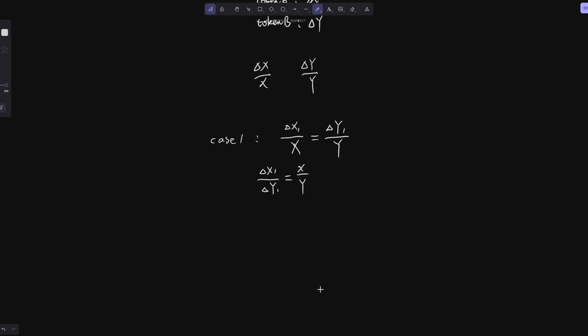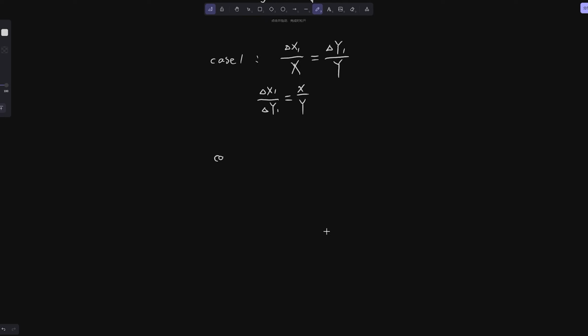This means the user is adding liquidity at the reserve ratio, which won't change the current price and should not be punished. We can use either side of the equation to calculate the LP tokens.